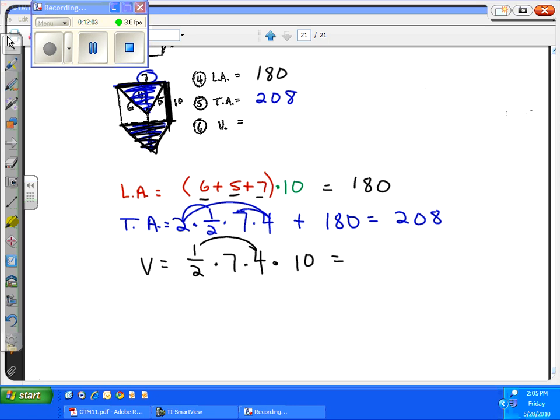Half of 4 is 2, times 7 is 14, times 10 is 140. So volume 140. Any questions on the triangular prism? Lateral area, total area, volume. Okay?